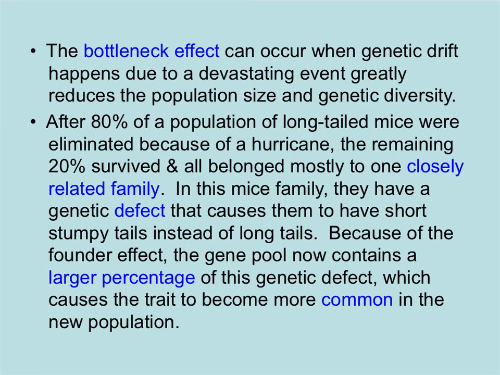So there's something called the bottleneck effect, which can happen when you have genetic drift because of some kind of devastating event. In our area, a hurricane would possibly be a devastating event.